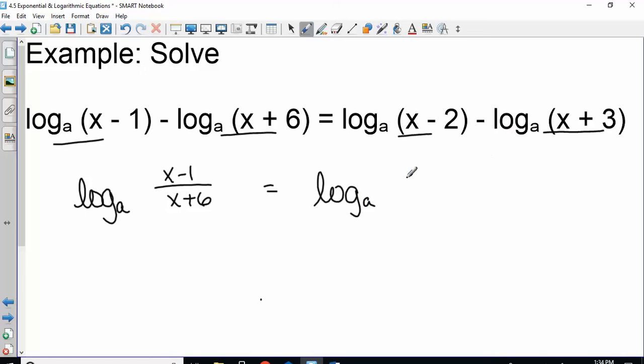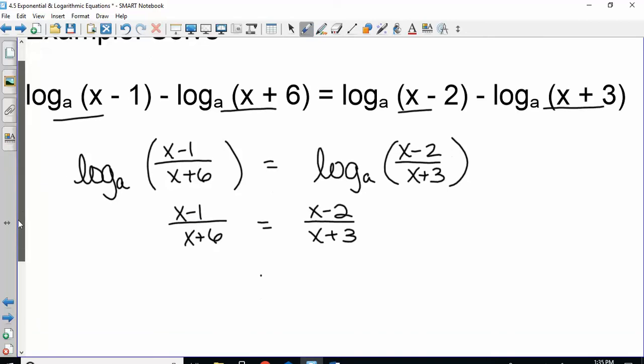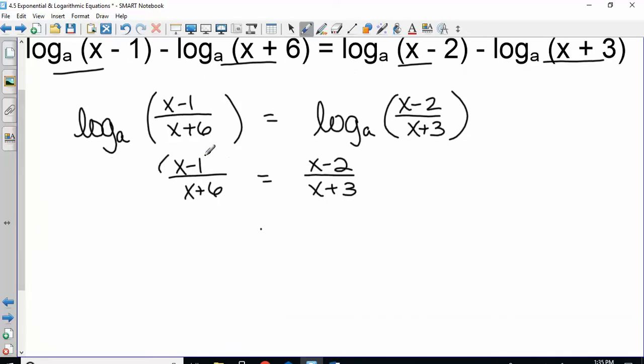Alright, over here again, same base, so we can combine them. They're subtracted, so we divide x minus 2 over x plus 3. Alright, I'm down to 1 log on each side of the equation. So what can we do? Yeah, we can just drop those logs off. So to solve from here, I'm just going to cross multiply.